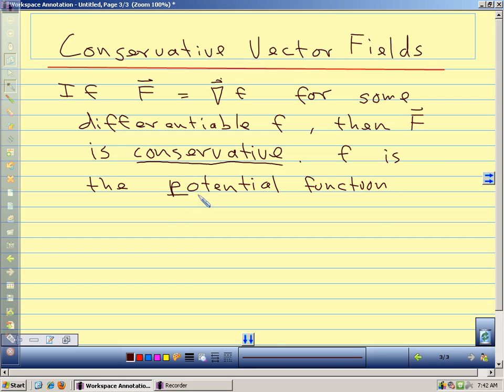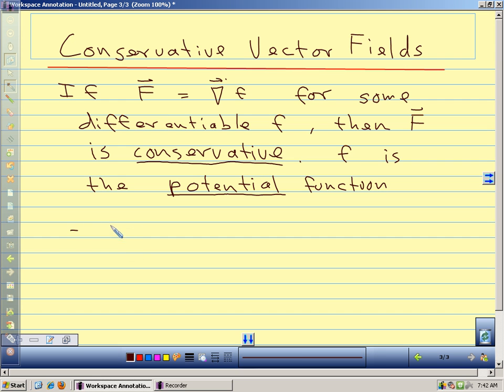So if you're in physics and you're talking about electric fields, the small f would be our electric potential. We could talk about our gravitational potential, same idea. From the potential we can figure out our field. So small f is the potential function, and our vector valued function is called conservative.